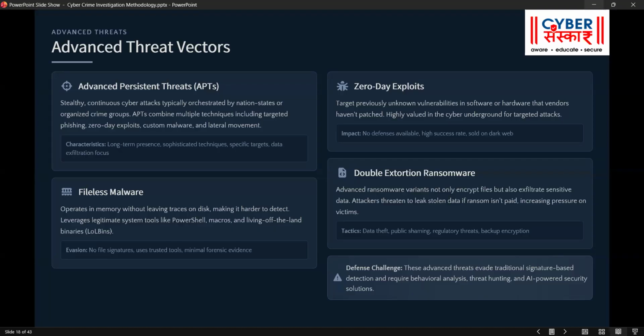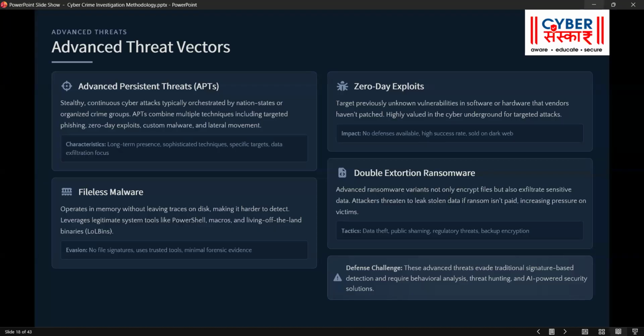So advanced persistent threats are not yet able to target us. The characteristics are long term presence, sophisticated techniques, specific targets, data exfiltration. These are all kept in mind while you are working in the organization, so that the organization is not weak.